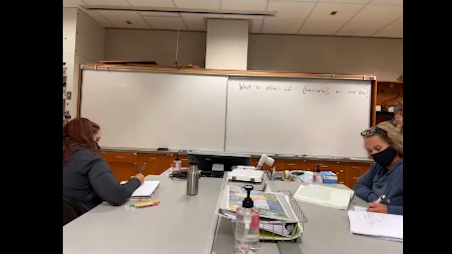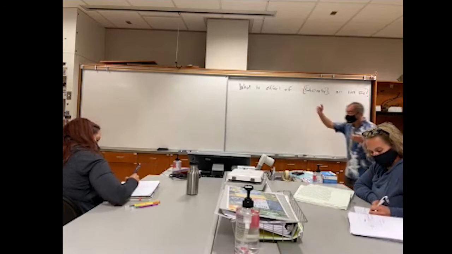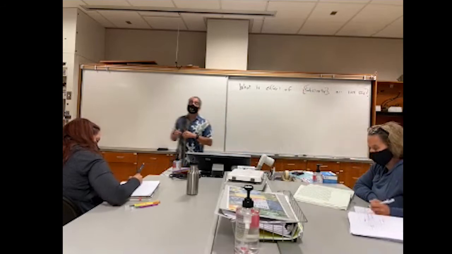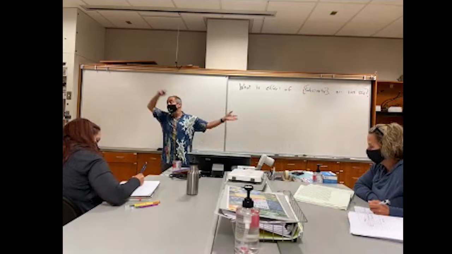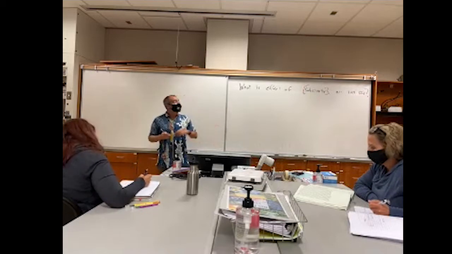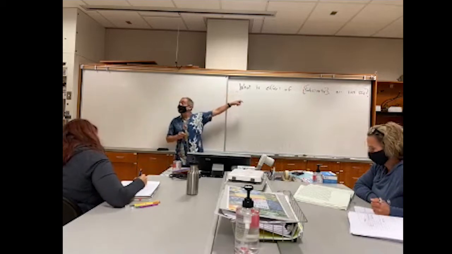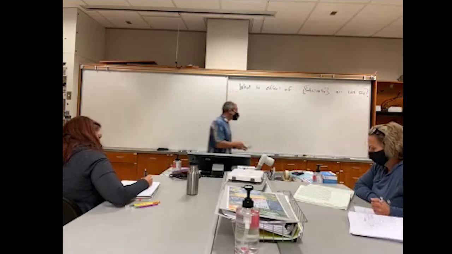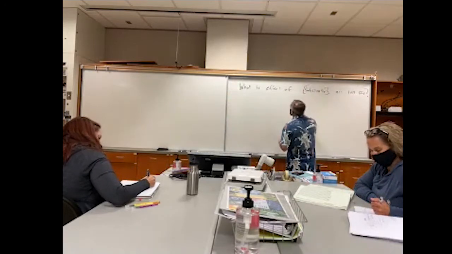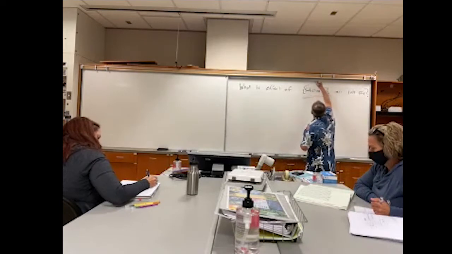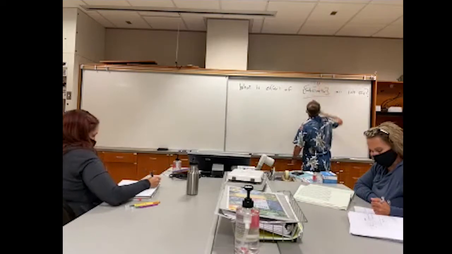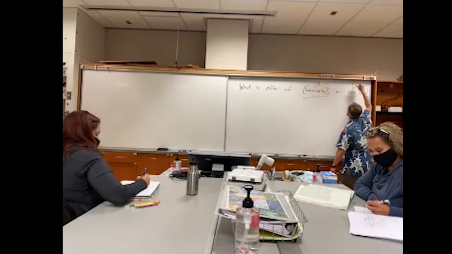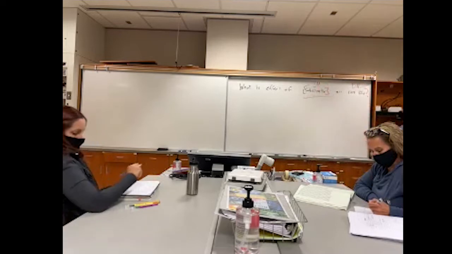I'll reiterate because I got a bunch of objectives that were a little more mixed up. Your objective should always be just a simple question. In this case, we have our independent variable, which is the substrate concentration, and our dependent variable, which is the reaction rate.